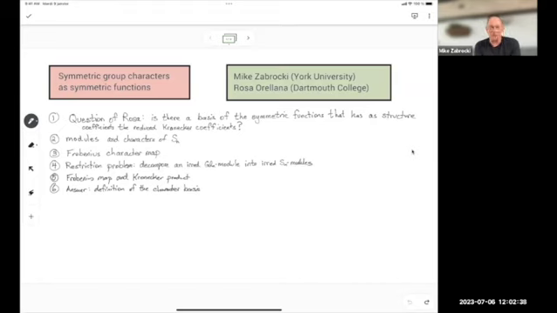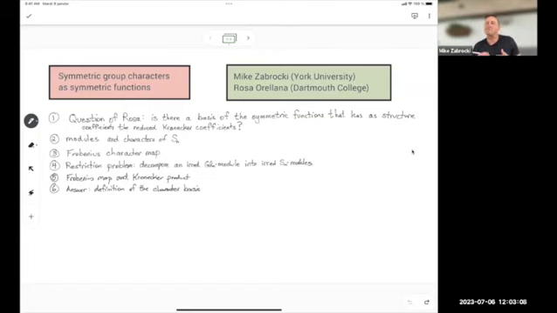So I've written up here on my first slide the title, our names, but also my agenda for today. Hopefully I can get through all of this, depends on how fast I go. I don't want to go too fast, but a lot of things that I'm going to say today are straight from Bruce's book on the symmetric group.